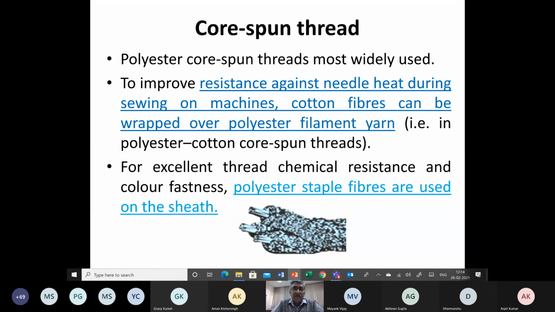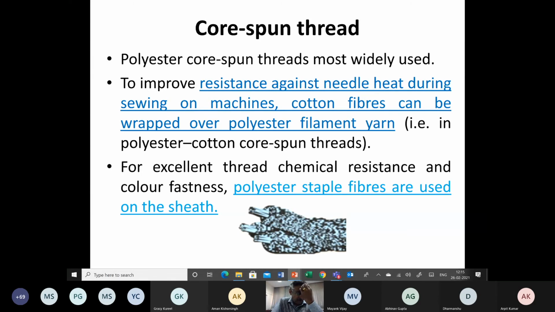Coming to the type of fibers used in the core spun thread, the commodity core spun thread is mostly polyester. So polyester filament is used in the core, and on the surface you can use either cotton or polyester, right? Cotton has more thermal conductivity, and to that extent it may release the heat when the thread is rubbing over the needle.